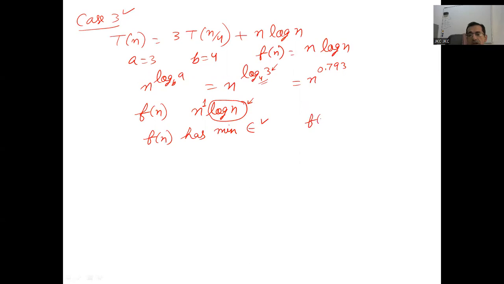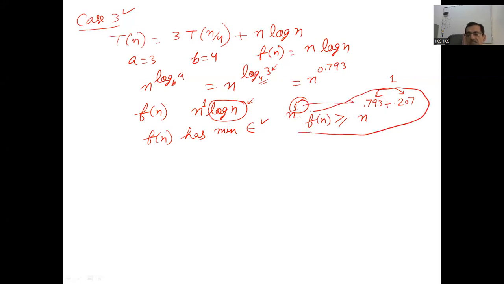I can write that f(n) is greater than or equal to n power 0.793 plus, let's say, 0.207, because this total becomes 1 and my f(n) is guaranteed to be n power 1, maybe plus or minus something, but this power is guaranteed true.